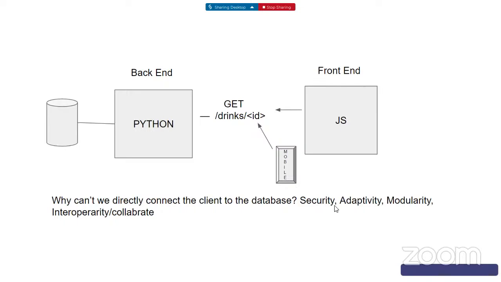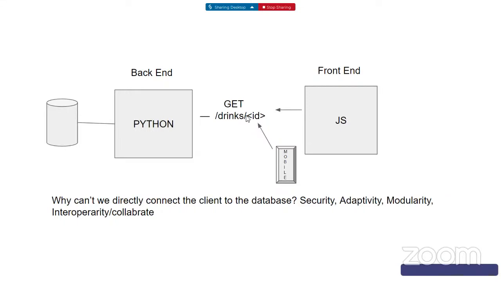And the second one is adaptivity. Here, this is probably a website on a computer. It gets data from the API, and then one day you want to add some other applications, like an interface for a mobile phone or something else, and these could just get data from the API.